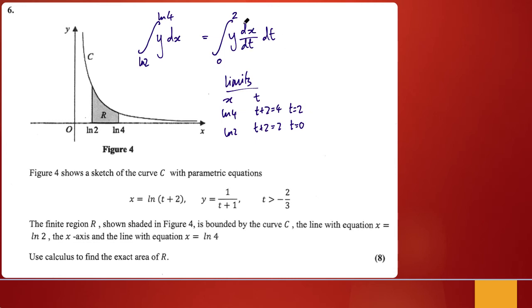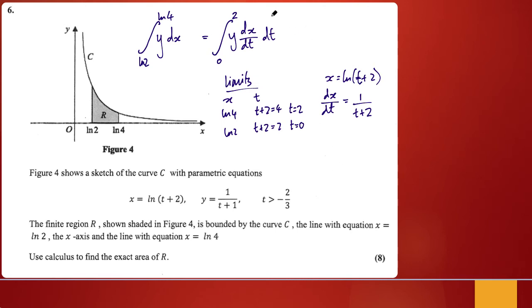The next thing we need is dx by dt. So I'm going to take x and differentiate it. If x is ln of (t plus 2), then dx by dt equals the derivative of this bit, t plus 2, which is just 1 over (t plus 2).